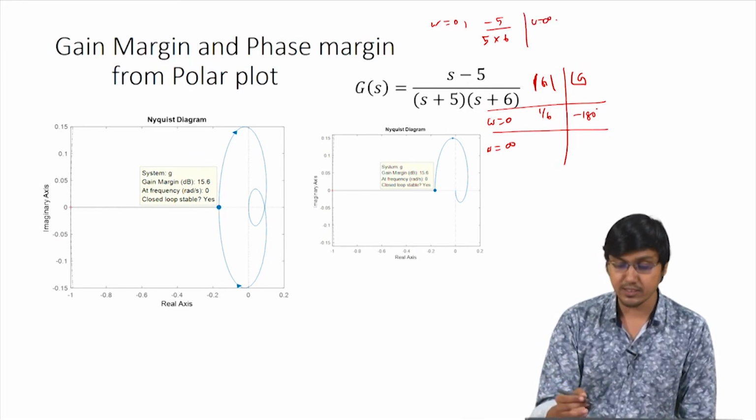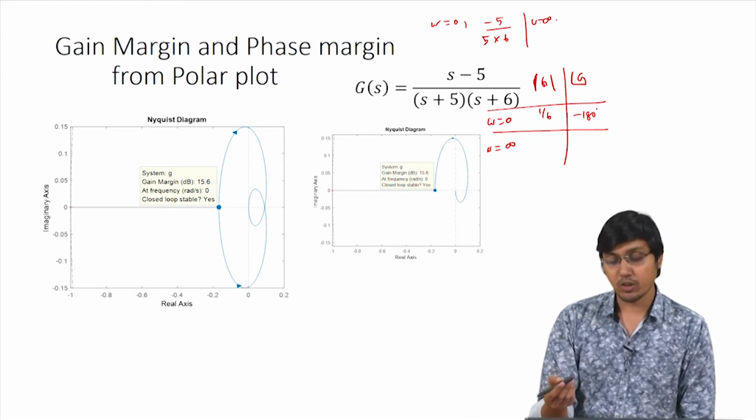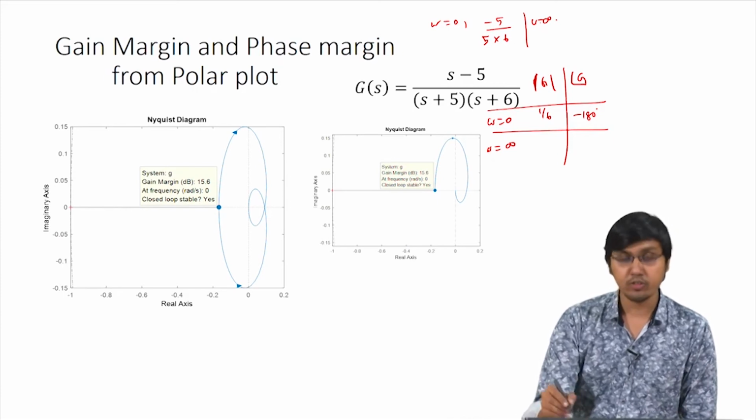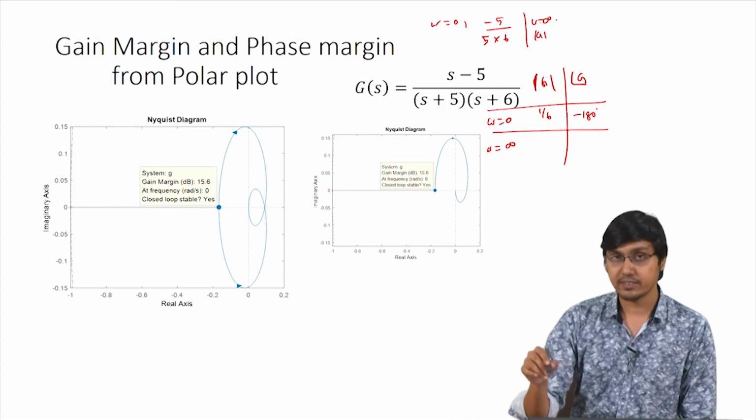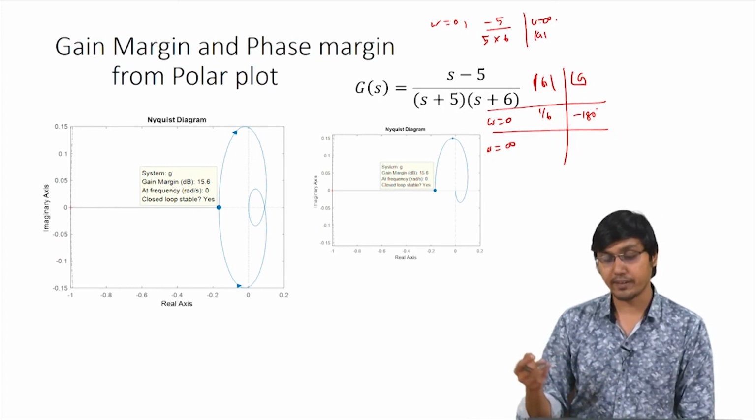If you substitute this, you can take the magnitude as root of omega square plus pi square, into root of omega square plus 6 square.